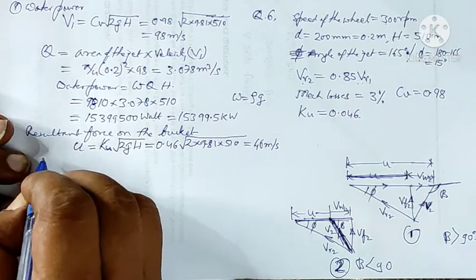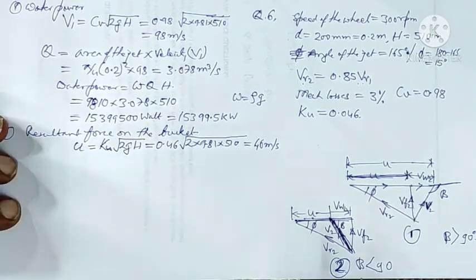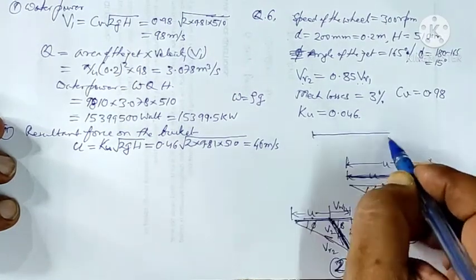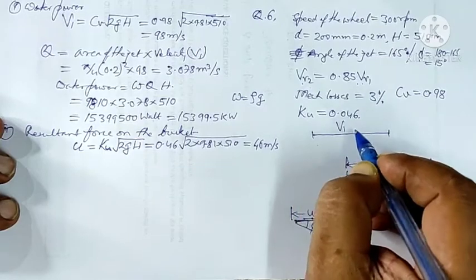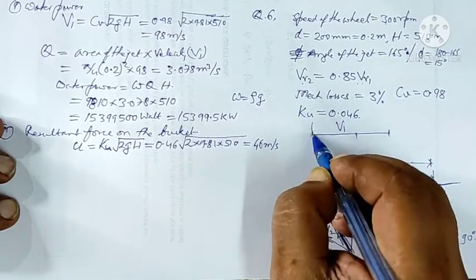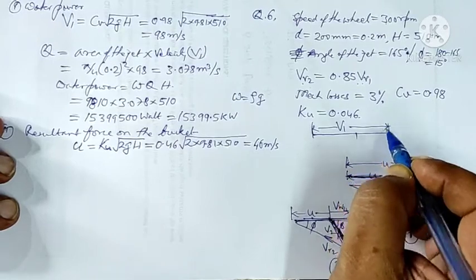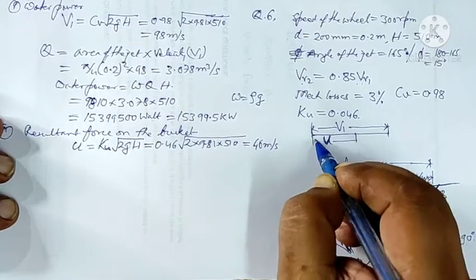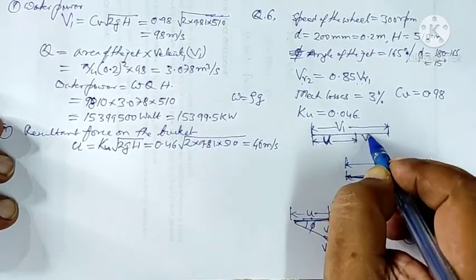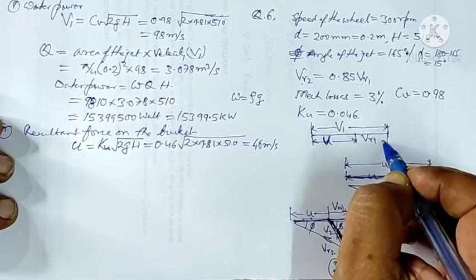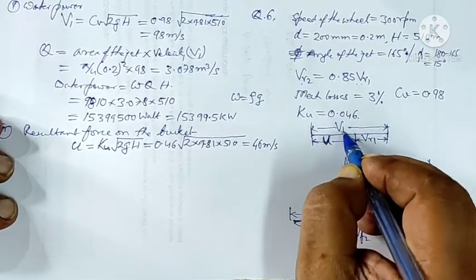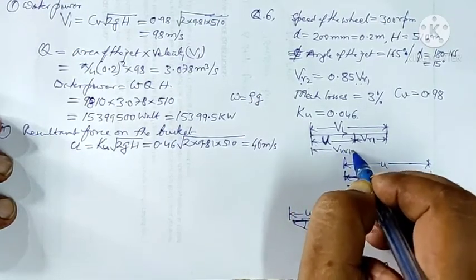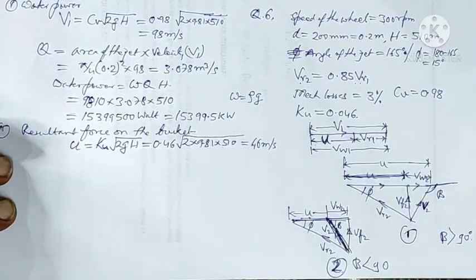And at the inlet we have to draw the velocity diagram. This is the inlet diagram. Here it is V1 and this is U1, or U1 equals U2. This is VR1, the relative velocity at the inlet, and this is equal to VW1. This is the velocity diagram for the inlet.